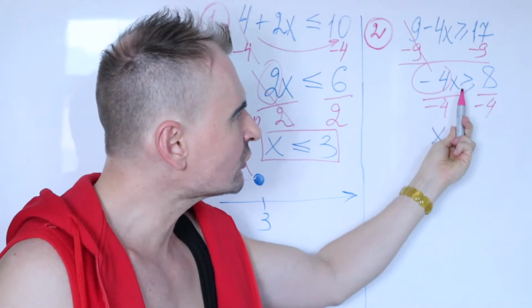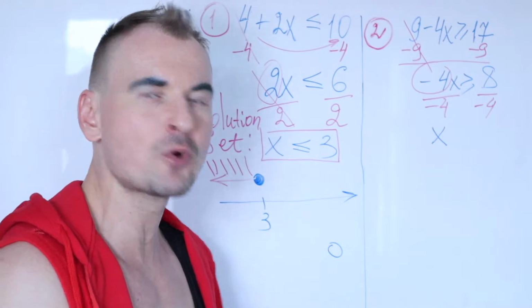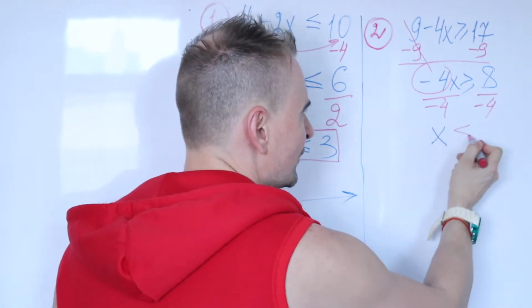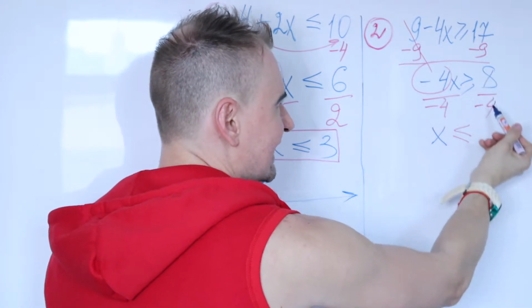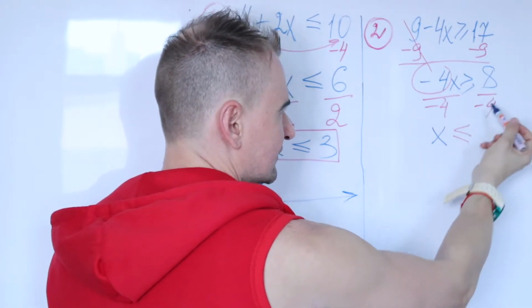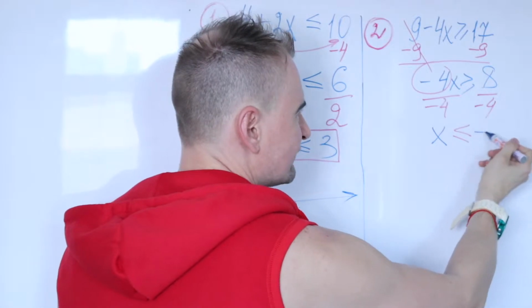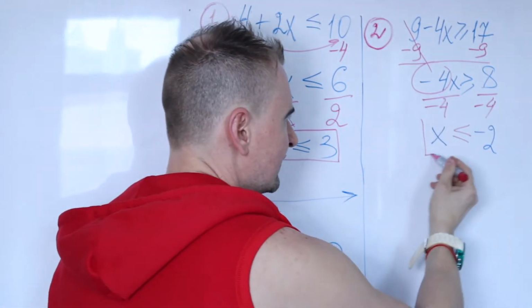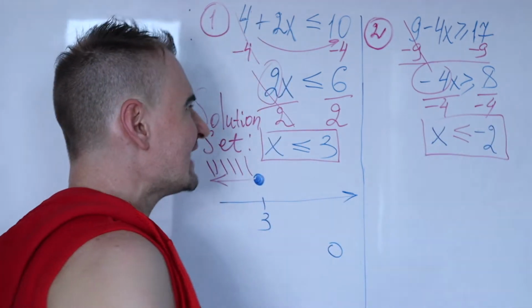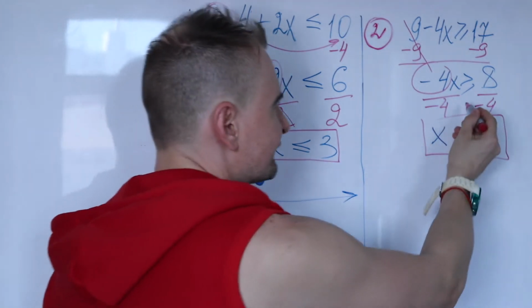So instead of greater than or equal to, I'm going to write less than or equal to. And since 8 divided by negative 4 gives you negative 2, it turns out to be x less than or equal to negative 2.